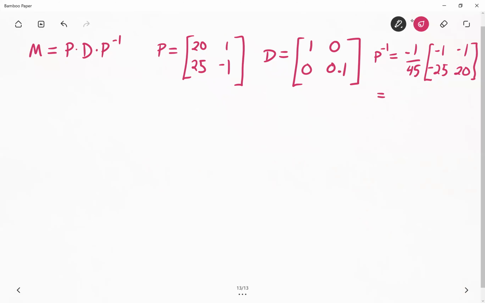And so we could simplify this a bit. 1 over 45, 1 over 45, then 25 over 45. So again, that should reduce as well.